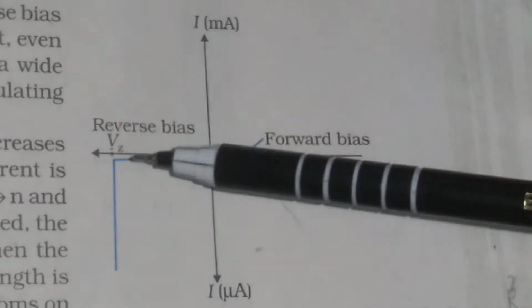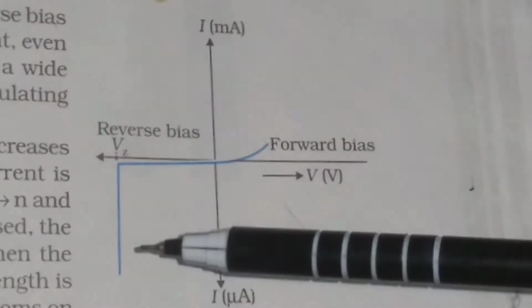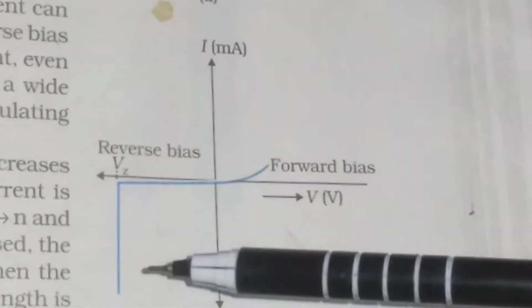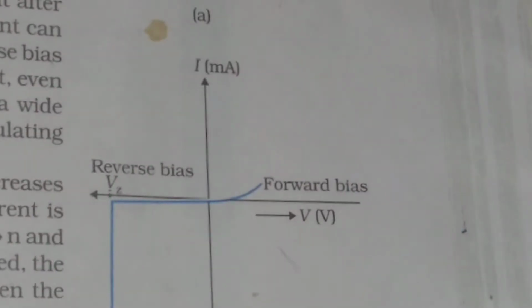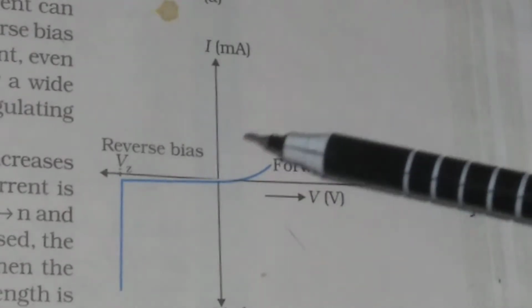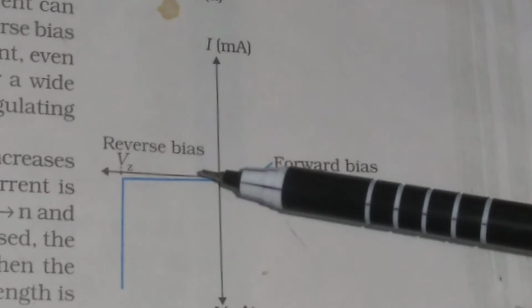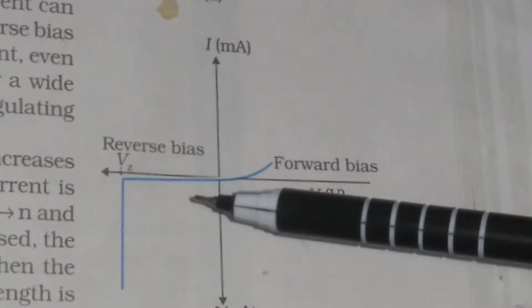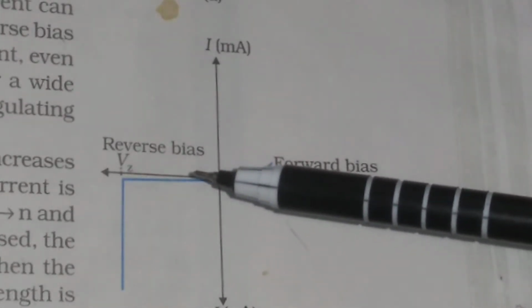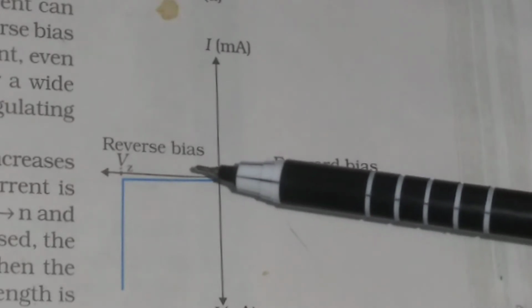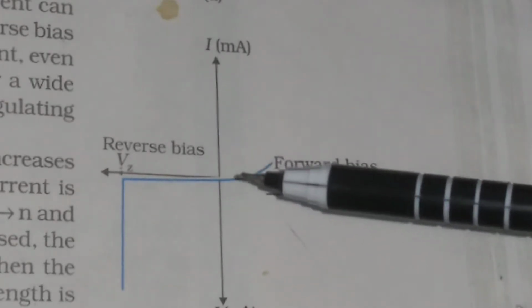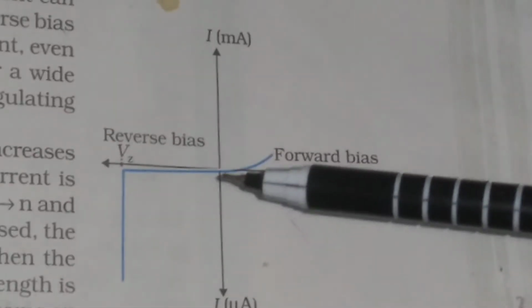That is, the voltage remains constant for a large amount of current change. So this property of the Zener diode is used for regulating supply voltage. That is why it acts as a voltage regulator.